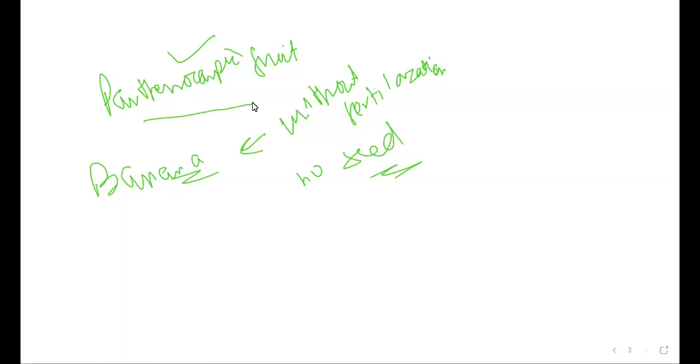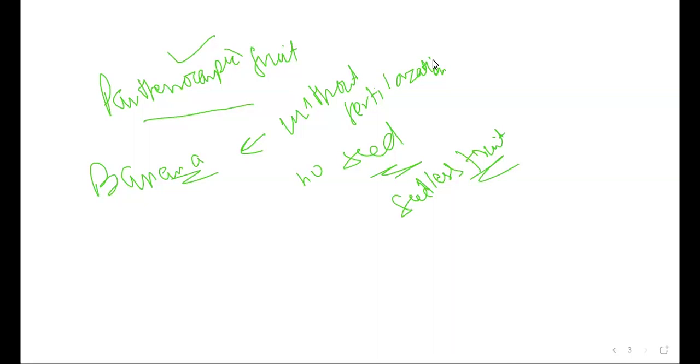This is again an important thing that we talk about, the terminology. Like we talked about a true fruit and a false fruit, we also talk about a fruit called the parthenocarpic fruit, where there is no seed formation. Now, if you want to make a seedless fruit, like a watermelon or a papaya, I will use the technique where the mature ovary gets converted to the fruit without the fertilization process.